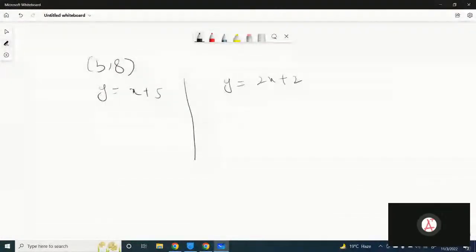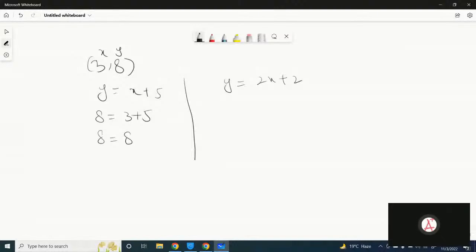Okay, so just replace both of the variables with their values. 3 is x and y is 8. So 8 equals 3 plus 5. So 3 plus 5 is 8. 8 equals 8. It is the solution of the first equation.